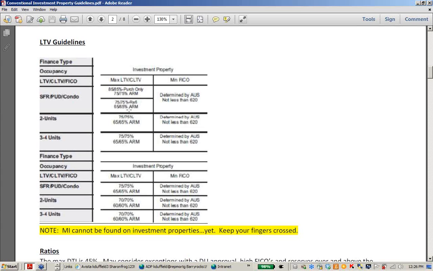I don't know of any, but I would maybe consider the max at 80%, and your borrowers are coming in with 20. Of course, on cash outs, on single family, you can do a 75% cash out. On multi-units, you can go 70% for cash out.